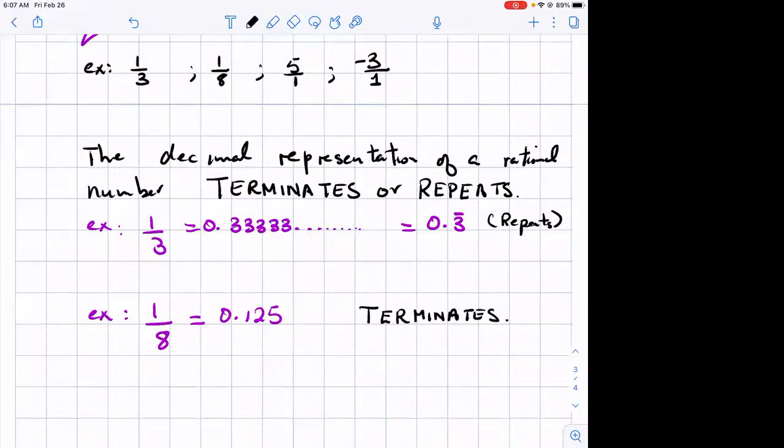So when the number has an end, it terminates. For example, 1/2 is just 0.5. There's no other decimal after the 5, right? 3/4 is 0.75.